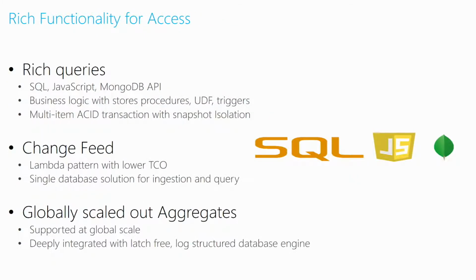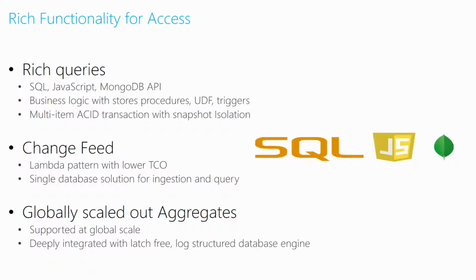In terms of accessing data in DocumentDB, DocumentDB has support for rich queries in SQL using JavaScript or the MongoDB API. You can add business logic to your DocumentDB database with stored procedures, user-defined functions, and triggers. DocumentDB also differentiates itself from other globally distributed NoSQL databases by providing support for multi-item ACID transactions with snapshot isolation.